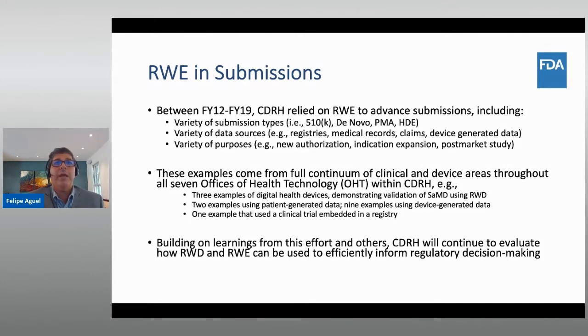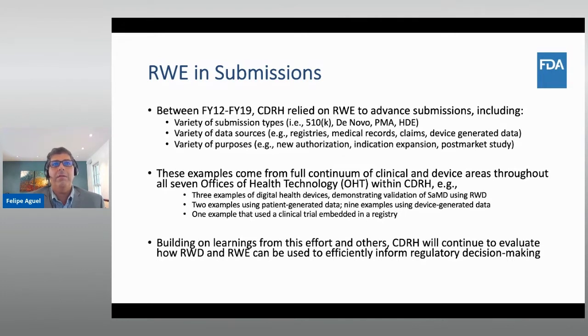This included a variety of data sources. Amy mentioned in her talk the proliferation of data sources beyond registries. There were a lot of registries, but also medical records, claims, and device-generated data.